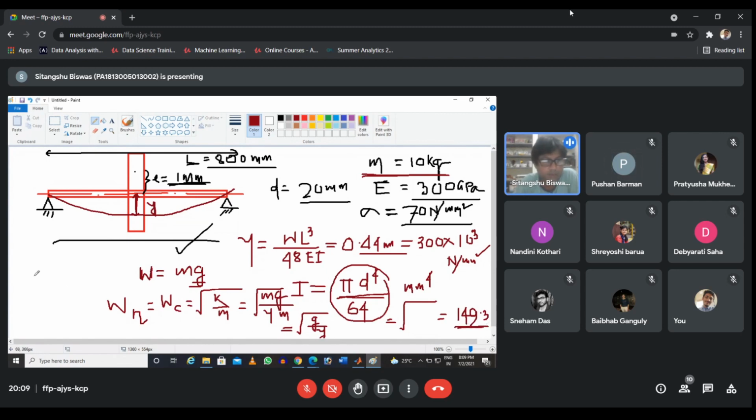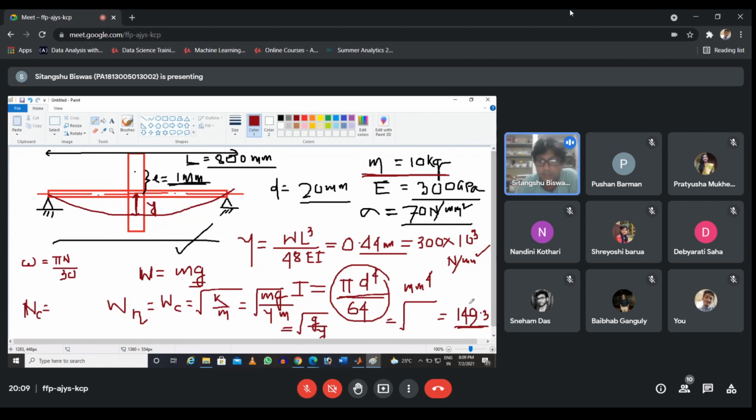Now if you want to convert, we know already omega is equal to pi n by 30. So my critical speed nc is equal to 30 omega by pi.